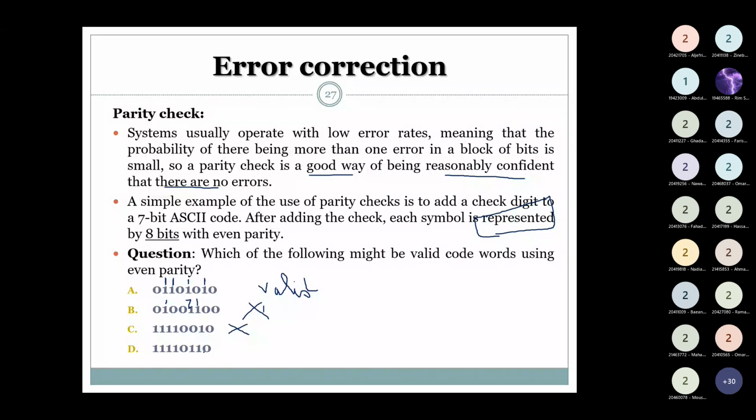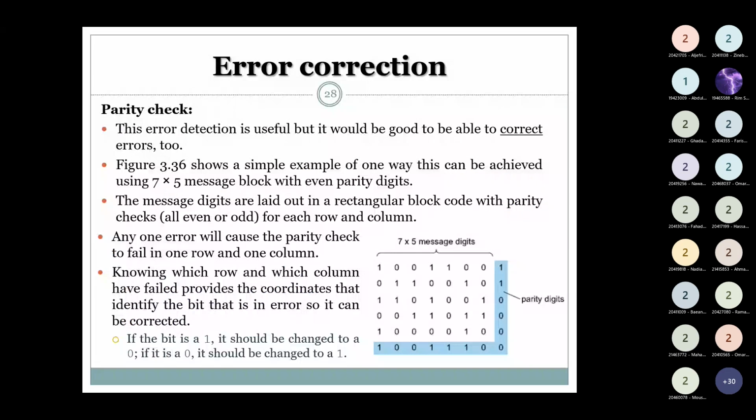Okay, so now we need not just to detect if there is an error or not, we want to correct the error. In this case it is not an odd parity check. If you have an odd number of ones, it will be invalid.